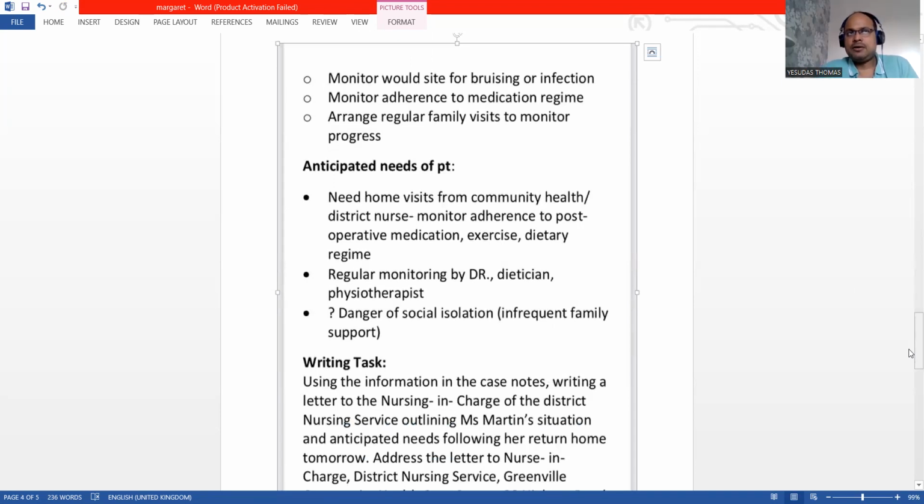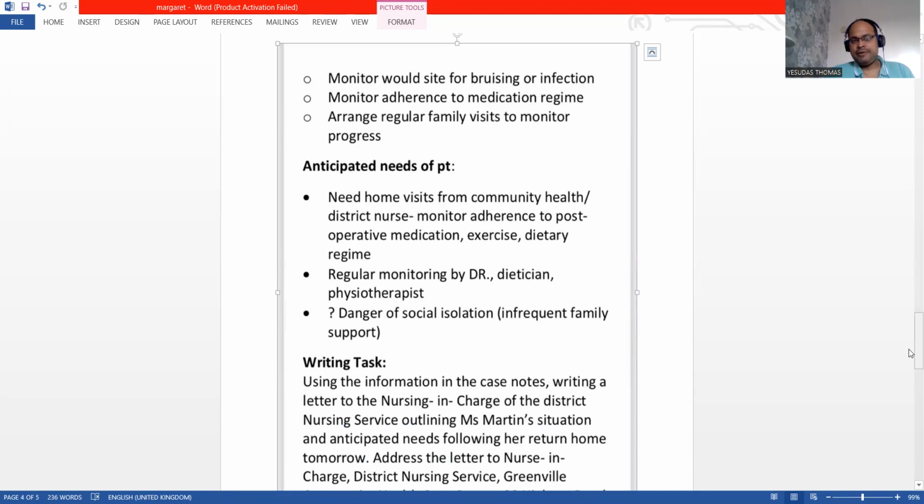Now under other, it comes first: monitor wound site for bruises or infection. She already has a bruise there, so you need to monitor it. Monitor adherence to medication regimen. Arrange regular family visits to monitor progress. So you have seen three heads now: one was dietary, another exercise, and then this is other.